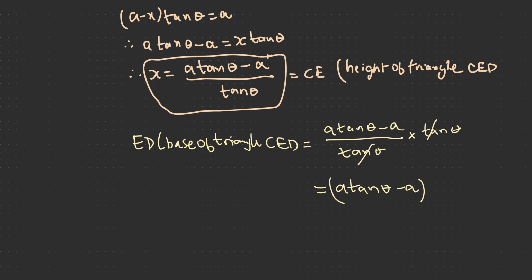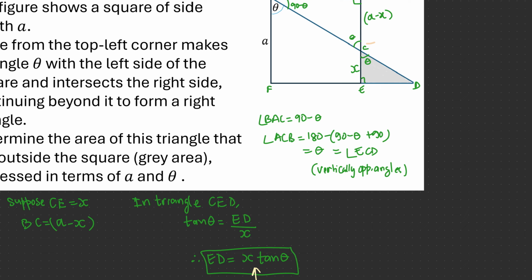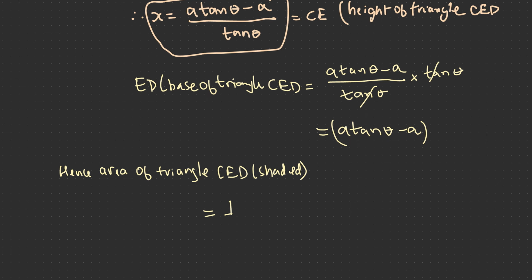So hence the area of the triangle, our triangle is CED, the gray shaded area. So half times base times height.